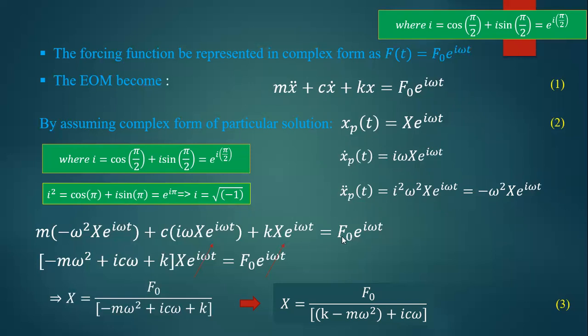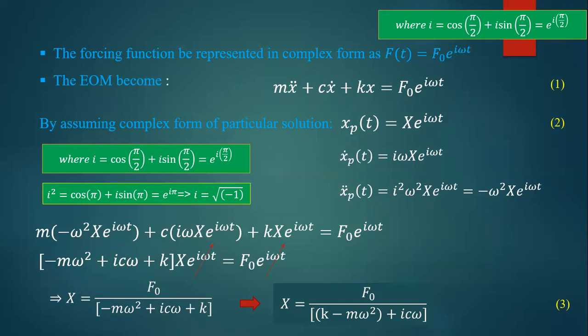Finally, we can find x, the steady state amplitude of vibration, which is equal to f naught over minus m omega square plus i c omega plus k.